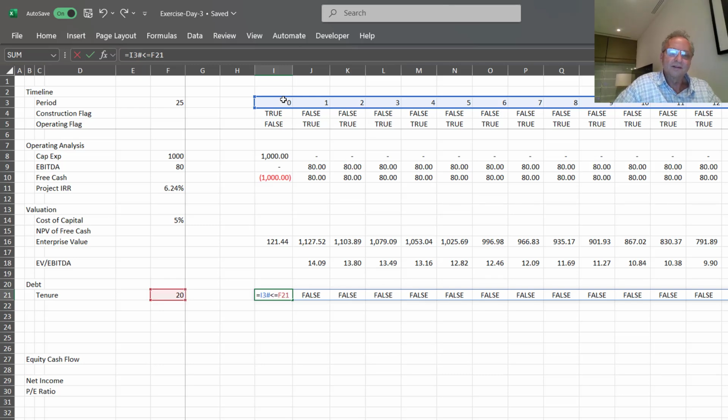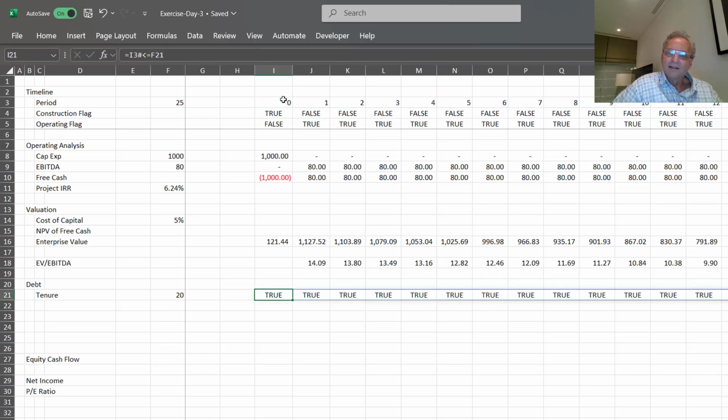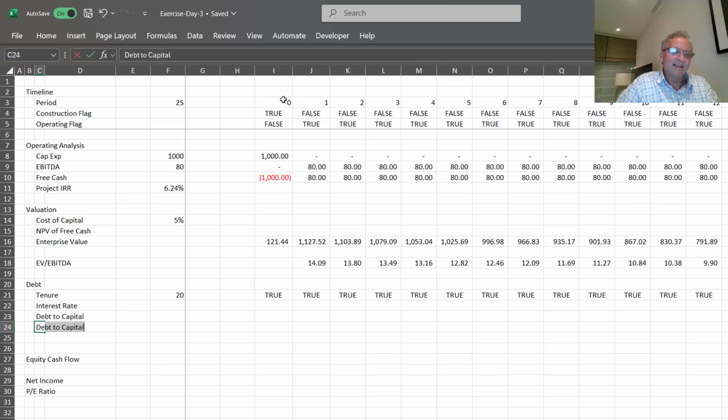Okay, and then let's put our interest rate, and let's put our debt to capital, and let's put our debt in, and let's put our debt service in.